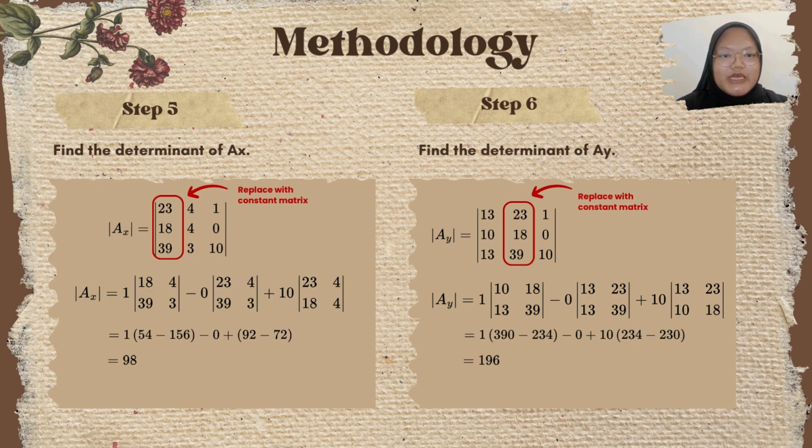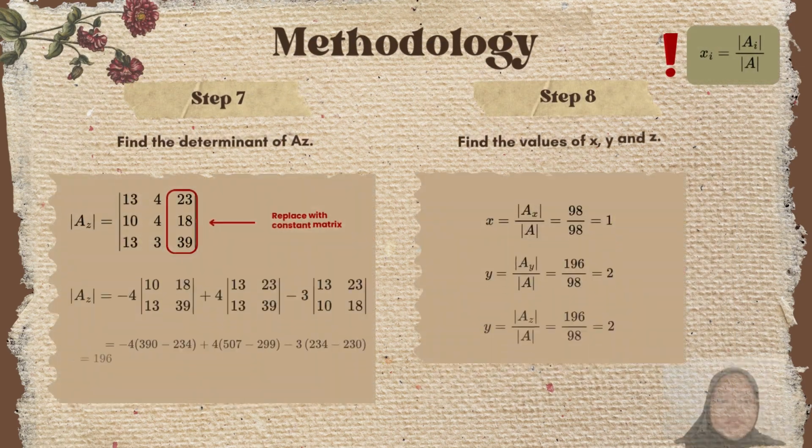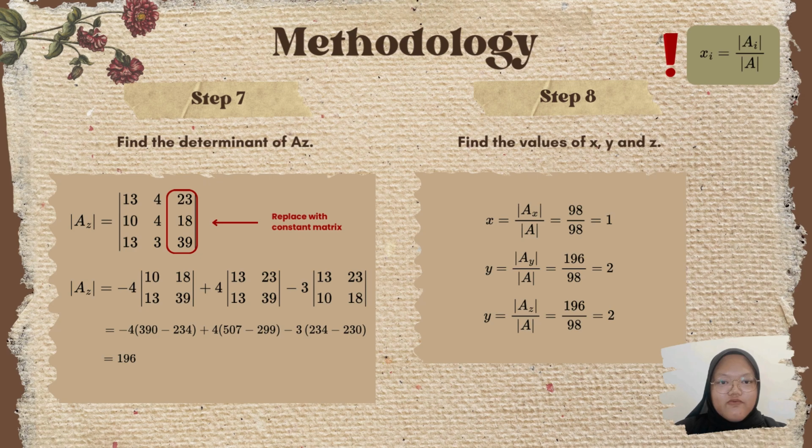Then you will get 119. Step 7. Find the determinant of AZ using cofactor expansion and replace the third column with the constant matrix. Still, apply the same method from step 4 and you will get 119.